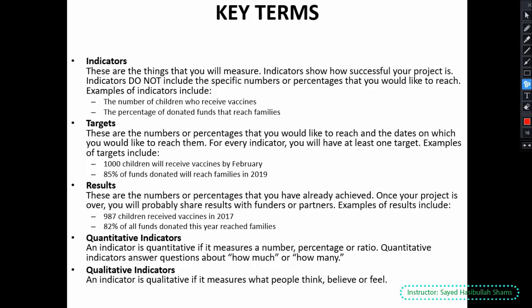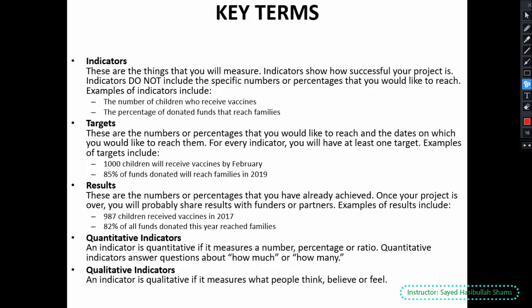They tell us about the progress, and about the failure and the success of the project. We have different types of indicators that we measure, for example by number, percentage, or maybe by feeling of satisfaction.